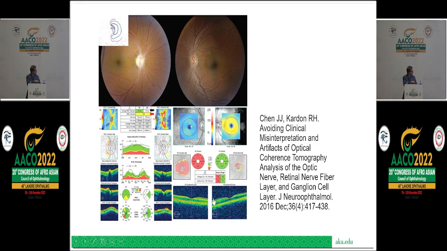So if you take a look at the left eye, you will see that the left eye actually has a very thick nerve fiber layer. And the average of the left eye, you can't see the numbers, but is over 100 there, okay, in the normal eye. So there is 30% loss of nerve fiber layer thickness in the right eye, right?